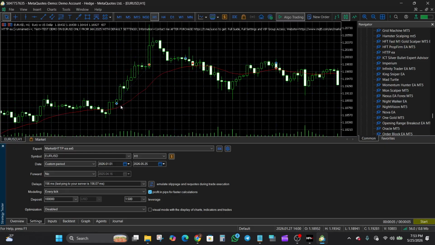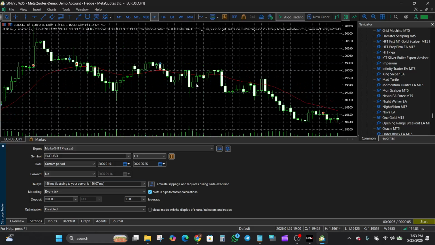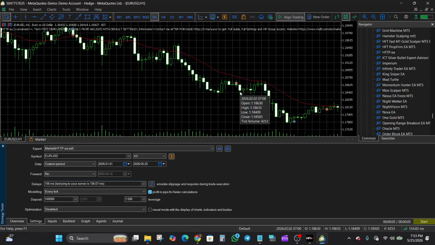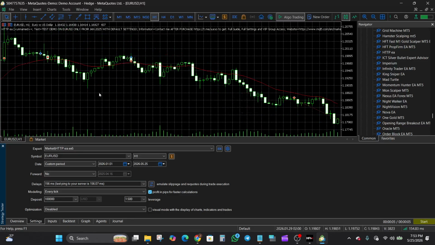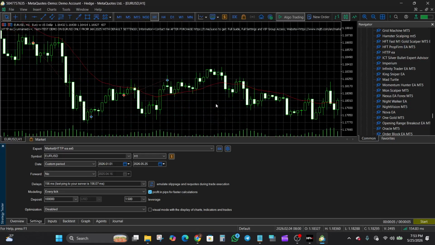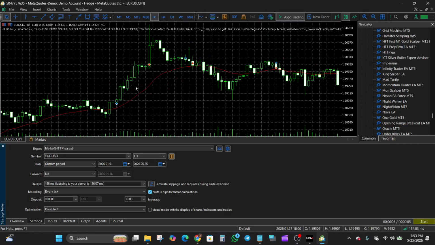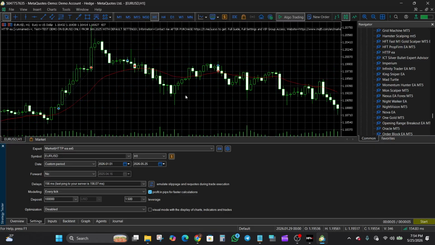A buy trade was executed here and closed here, and then we had another trade here, although this one was a losing trade. And then we can see another trade here and another trade here. So there is some spacing between the trades. And we can also see that the EA is capturing short-term price movement. So when a trade is executed, it might just last for some hours, and then the trade is closed.